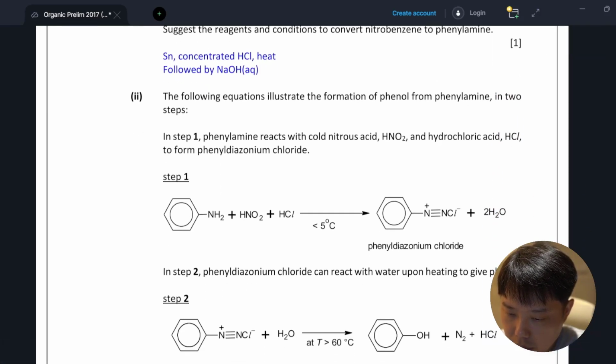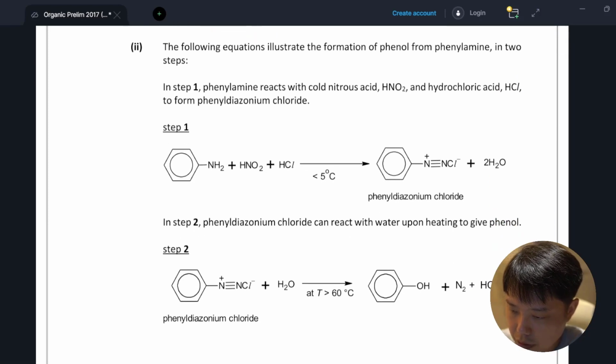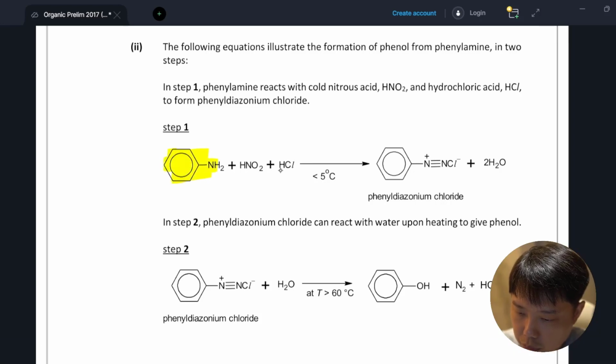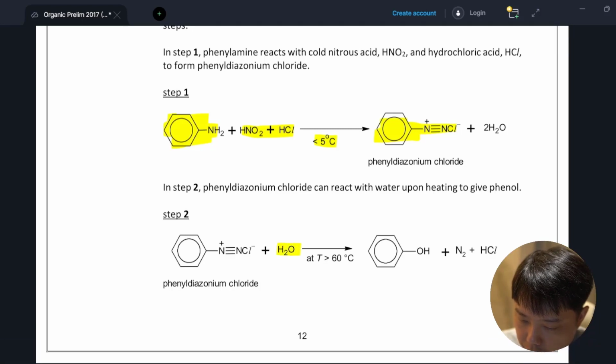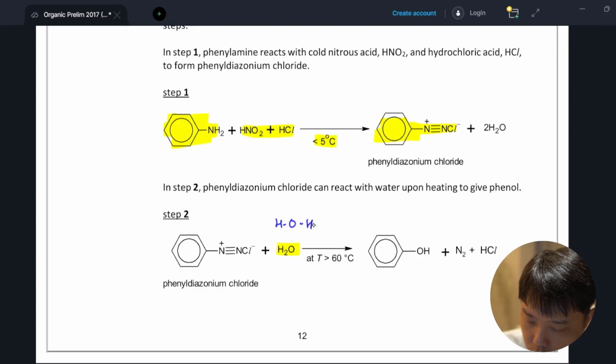Okay, so part 2 is a pattern recognition question. They give you a 2-step reaction. All you need to remember is your phenylamine. When you put it through with cold nitrous acid, you will get this intermediate, which we call phenyl diazonium chloride. And then in step 2, you react it with H2O.